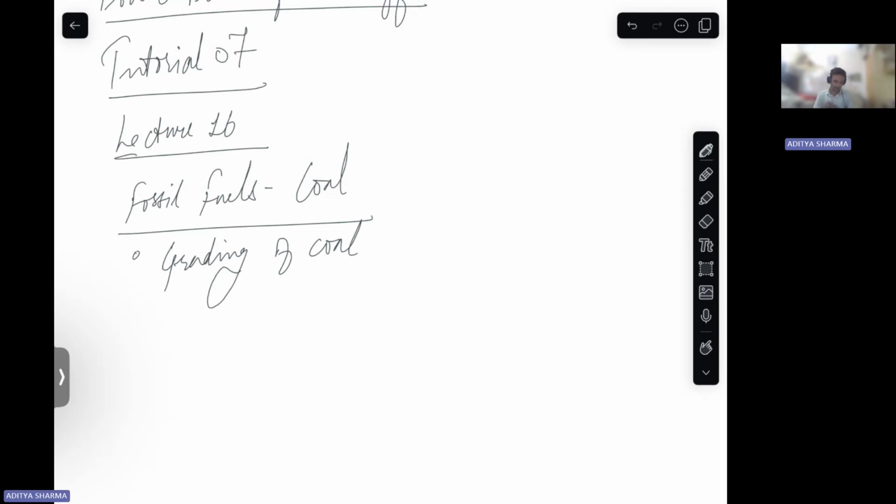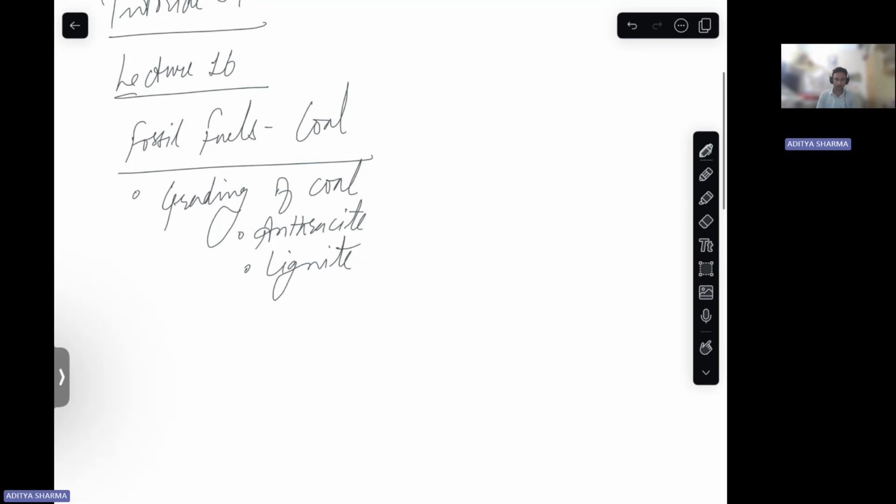The highest grade of coal is your anthracite, and the lowest one is your lignite. So this is about grading. Grading also is related to the heating value of coal, which we give in megajoules per kg. So this is a brief introduction about coal.